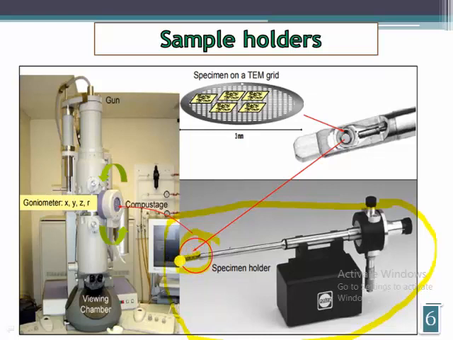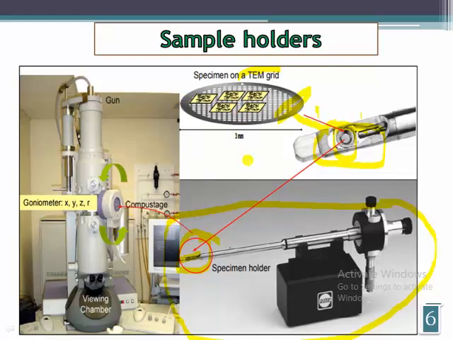This is the holder tip, and this is the zoomed image of the sample tip, and this picture is the zoomed image of the grid. This is a grid, known as a TEM grid. This yellow color shows the sample. So now we have a clear picture of how it looks and how it is arranged.